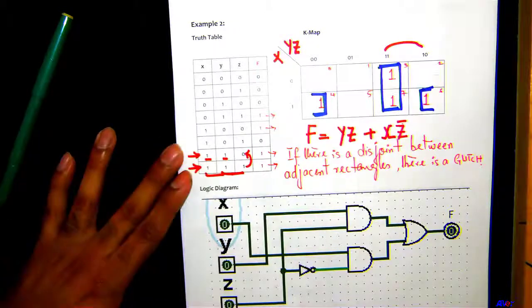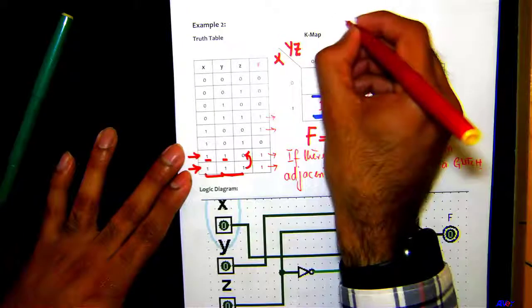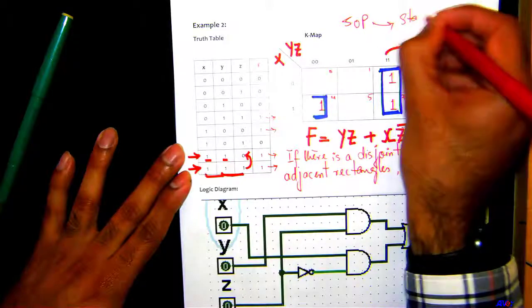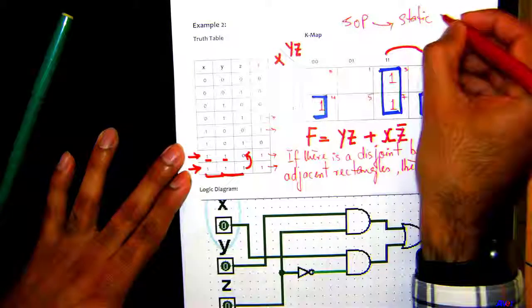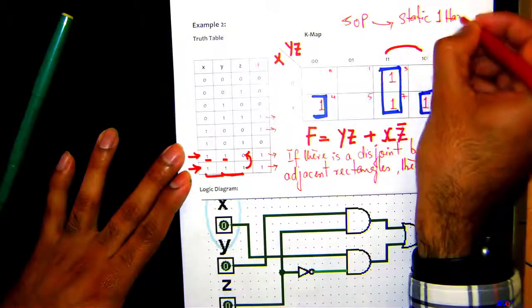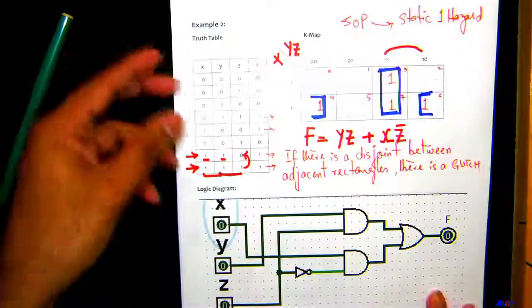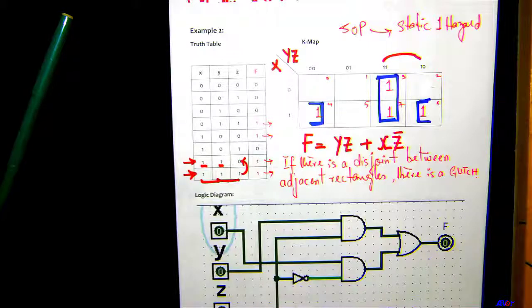Because we are taking the min terms here, this is SOP, so static 1 hazards only happen in SOPs. So remember that. What are we going to do here? Whenever we have this kind of situation, we actually connect the two rectangles.